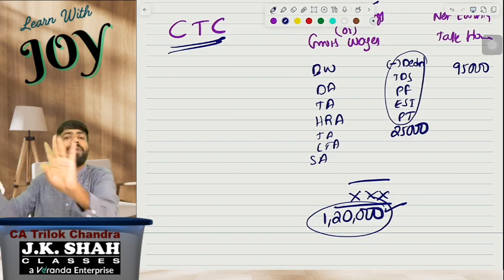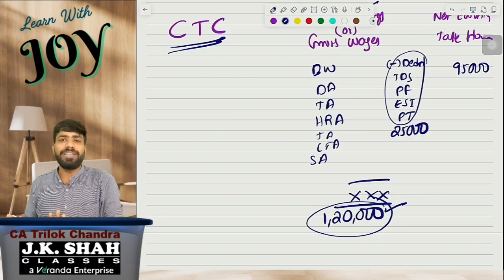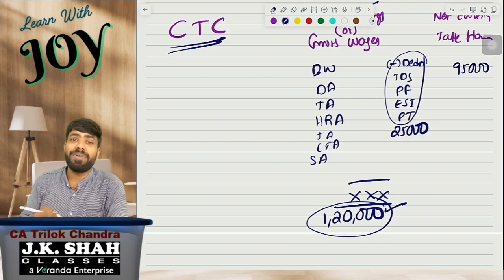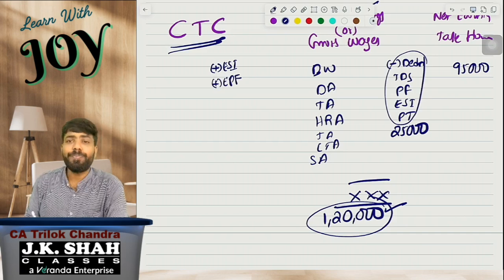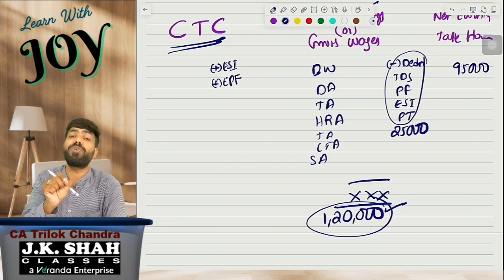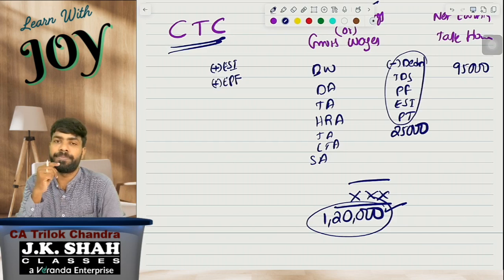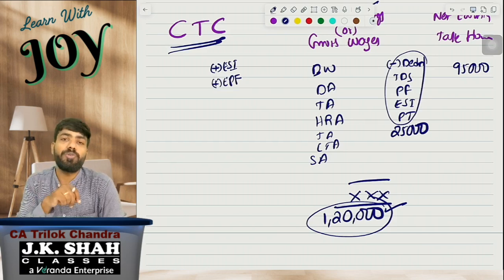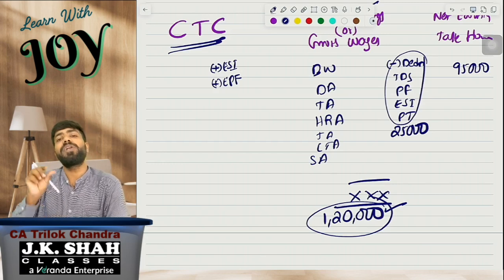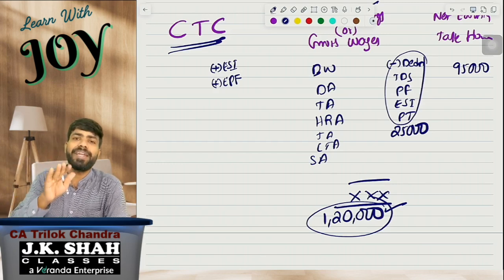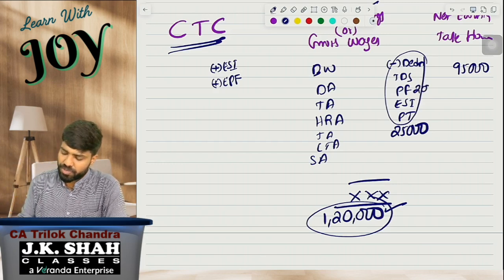Totally 1,20,000 paid. Apart from this 1,20,000, the management of the company has to contribute towards ESI and EPF. Simply, PF and ESI employer contribution. This is called the employer contribution. How much is the employer contribution? It is normally equal to the employee contribution. Let me take an example. PF contributed is 2,000 rupees and ESI contributed is 3,000 rupees.